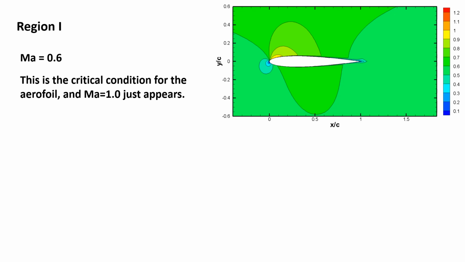And then we increase to 0.6. At this point, we just notice maybe 1 or 2 grid cells, a tiny region, have Mach number 1.0. So we can determine this is the critical Mach number. If we increase further, we will see the bubble, the finite region containing Mach number larger than 1, increase. So this confirms that the critical Mach number is 0.6 in this case.